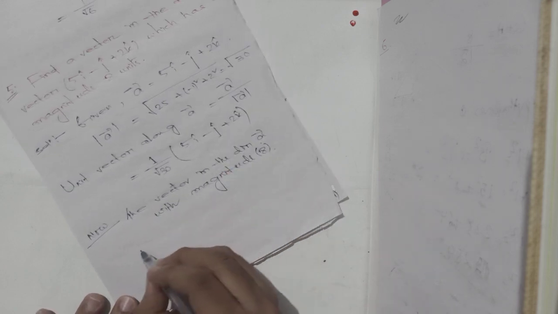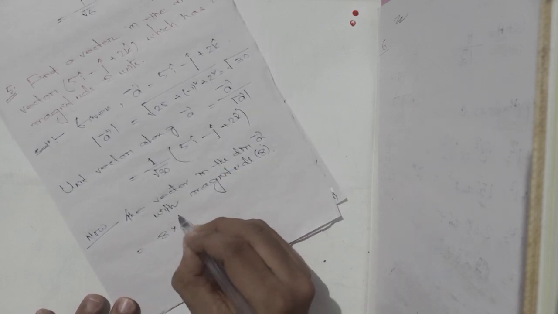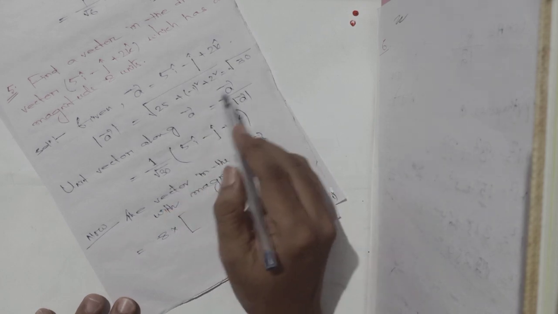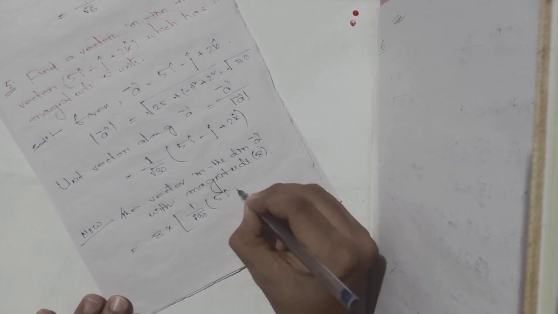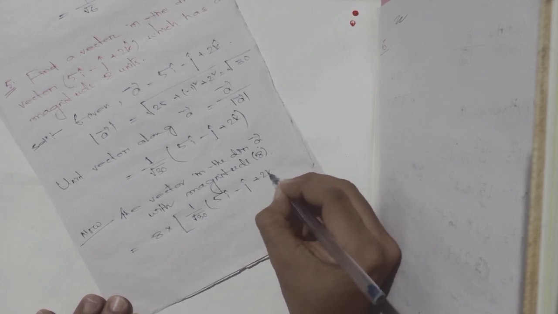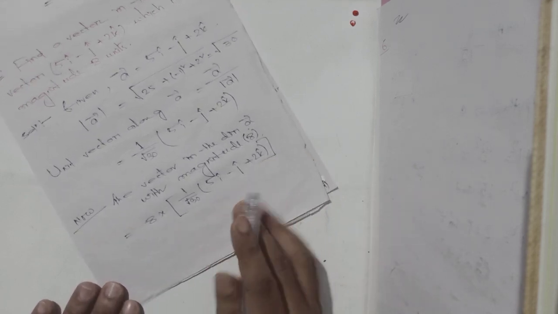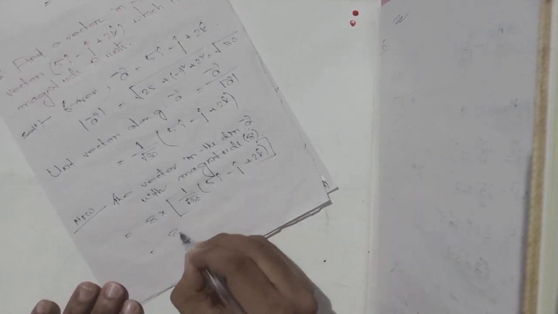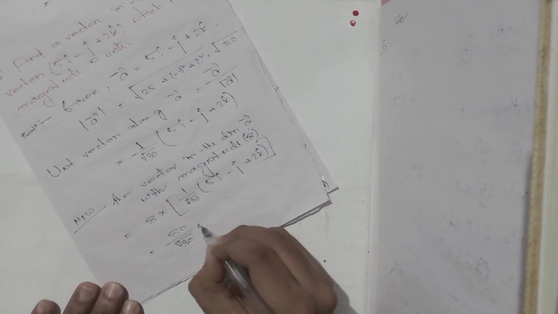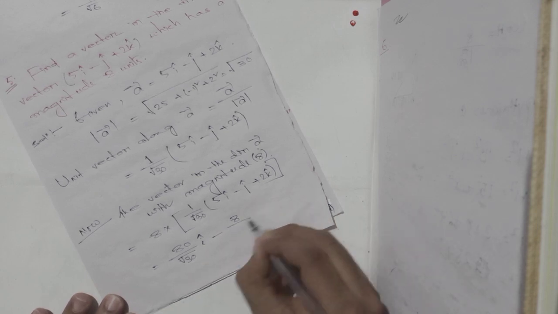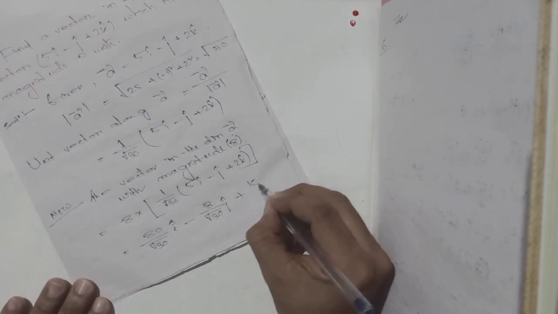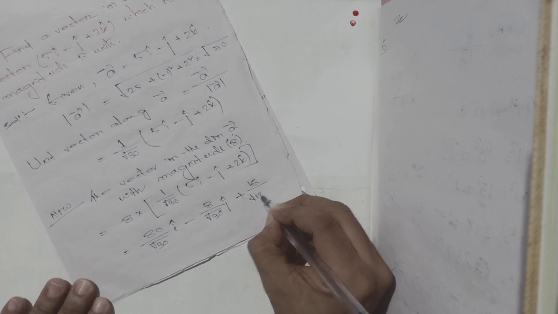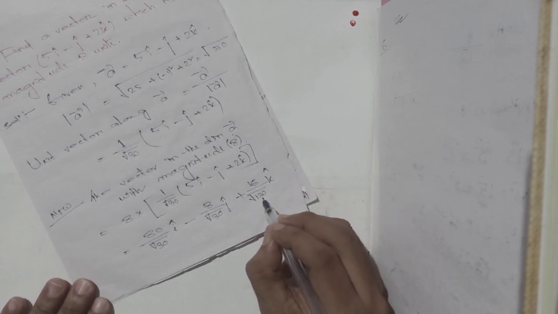So this will be 8 into this vector, 1 by root over 30 into 5 I cap minus j cap plus twice k cap, and it will be 40 by root over 30 I cap minus 8 by root over 30 j cap plus 16 by root over 30 k cap.